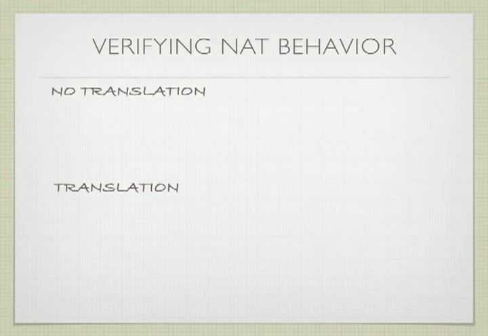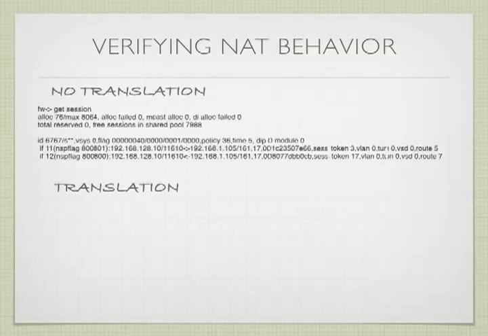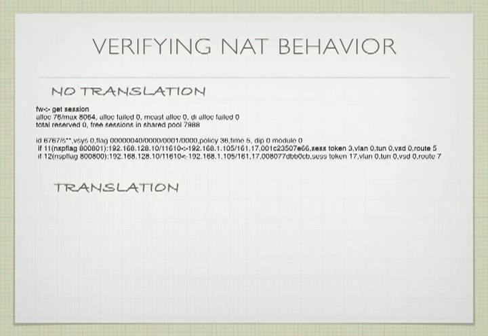In order to verify whether the NAT behavior is occurring, you can look in the session table, and you can see here in the session table the IP addresses are not being changed.